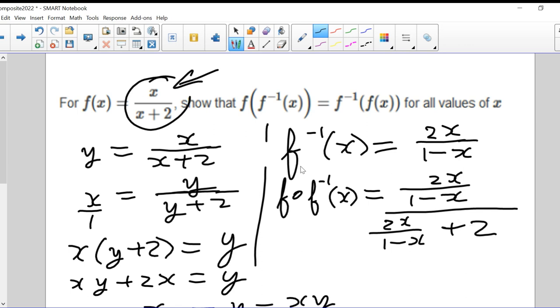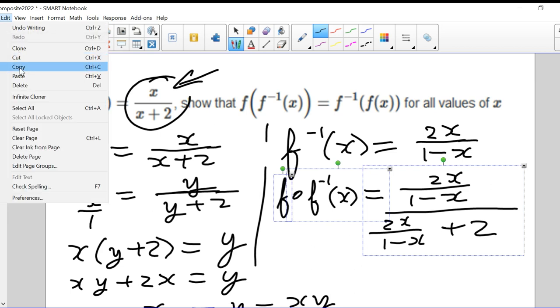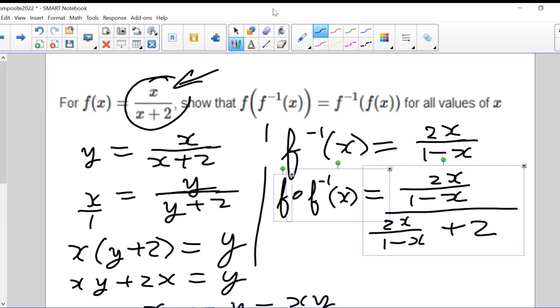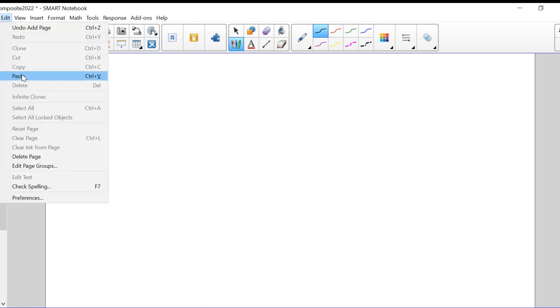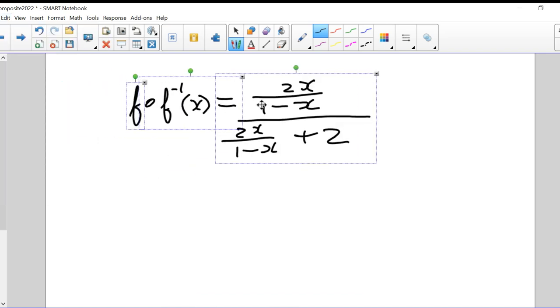Because I think I'm going to run out of room, let me copy this onto a brand new page. Okay, so watch carefully now. If I am trying to simplify this, I should make a common denominator on the bottom.